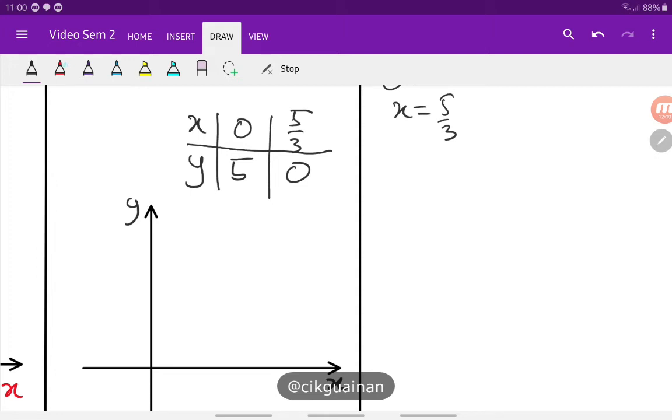We find (0, 5), which is here, and where is (5 over 3, 0)? It is here.